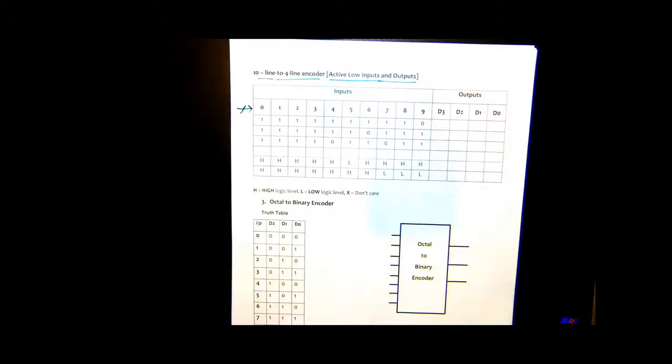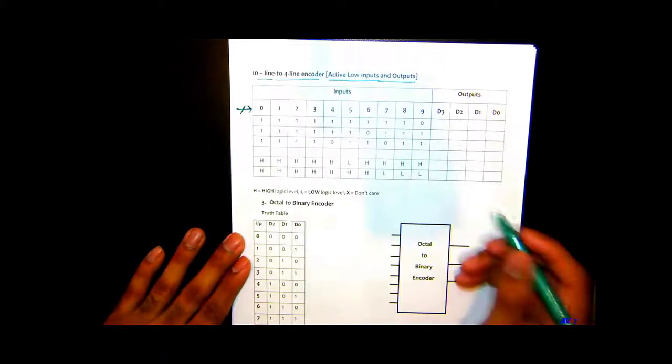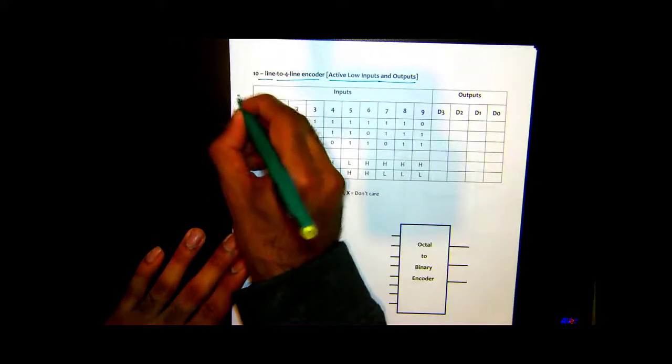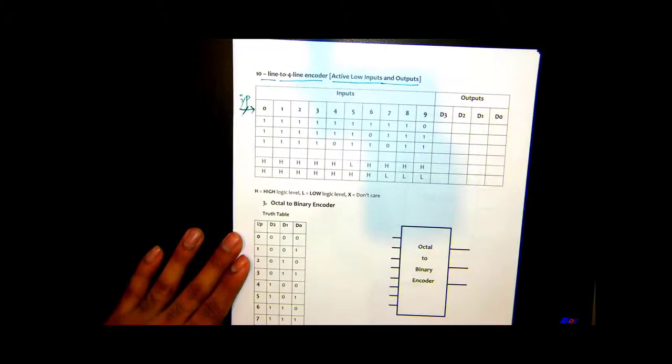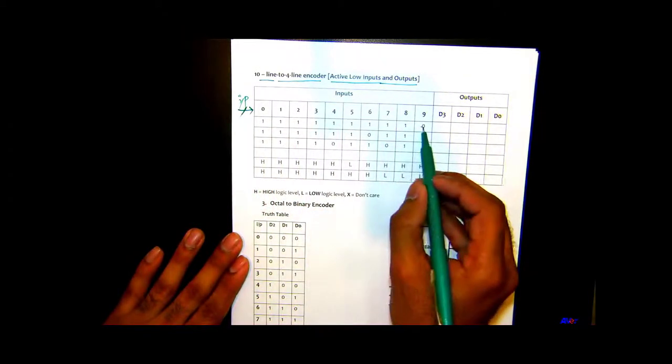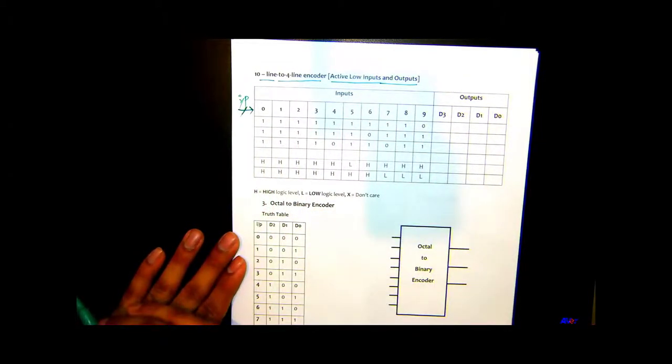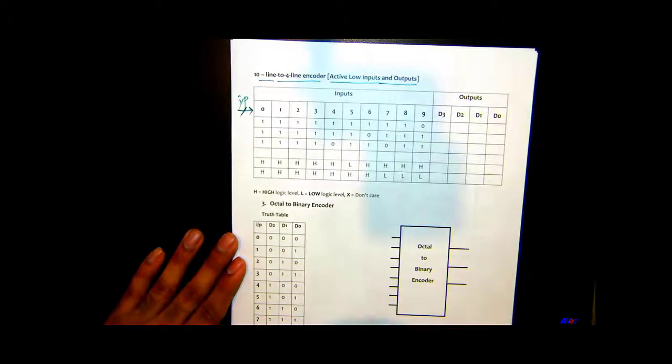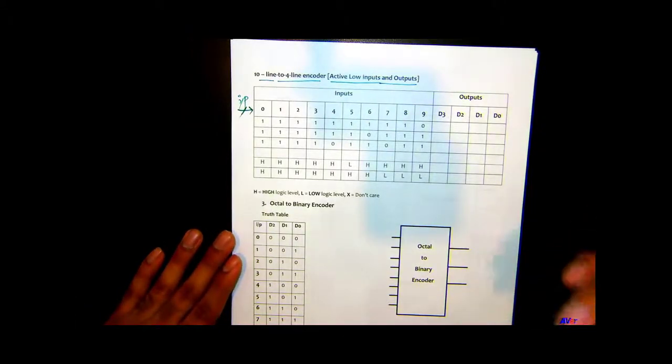So basically 10 lines. And I have the outputs right here, which are D3, D2, D1, and D0. If you look at the values for each data line, it's 1, 1, 1, 1, except for 9, which is 0. So active low, which would mean which of the data lines is active here?